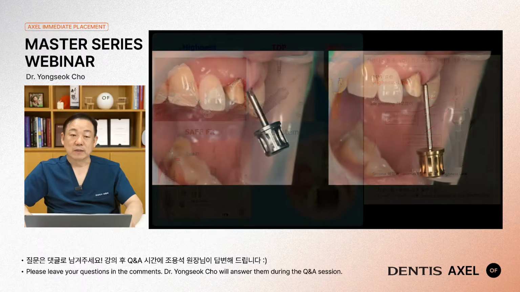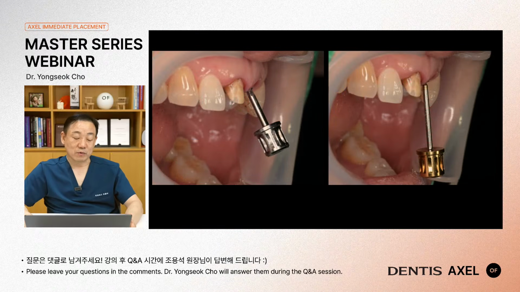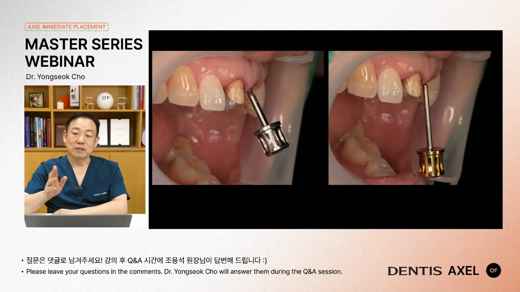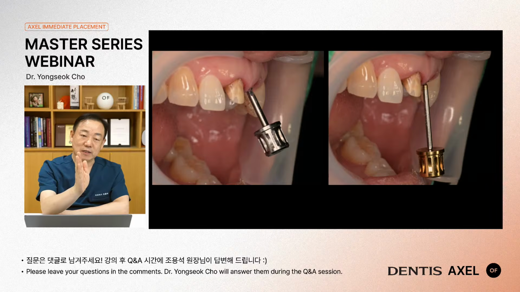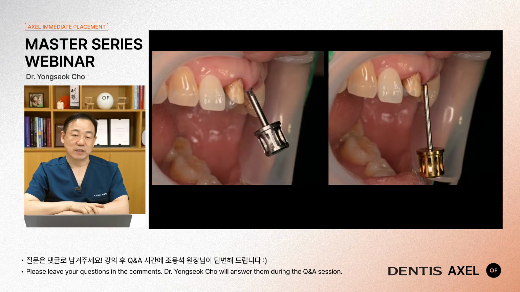So in the traditional restoration way, we cannot make the screw access hole toward the cingulum in the left picture. However, in the same patient, using an angulated driver, we can tilt the screw channel axis toward the cingulum.